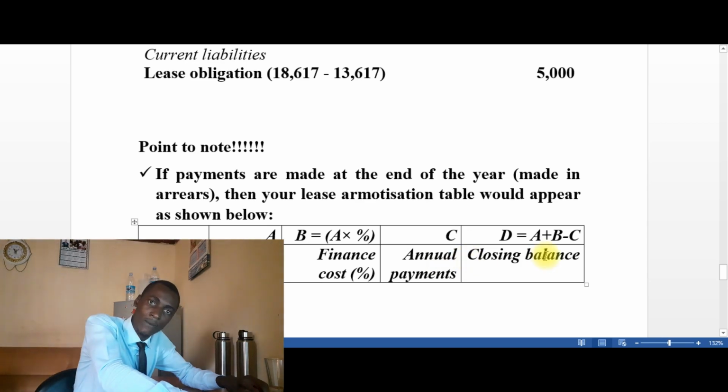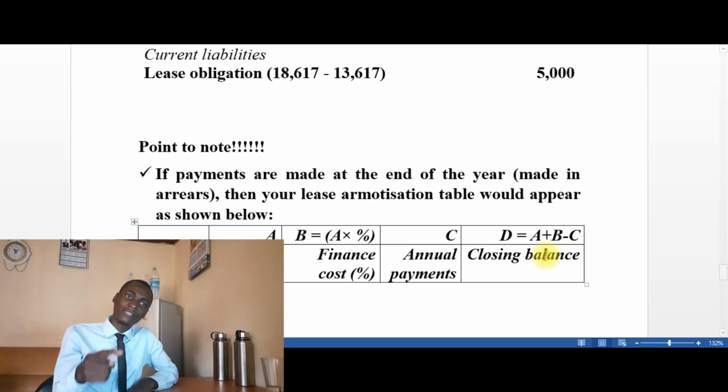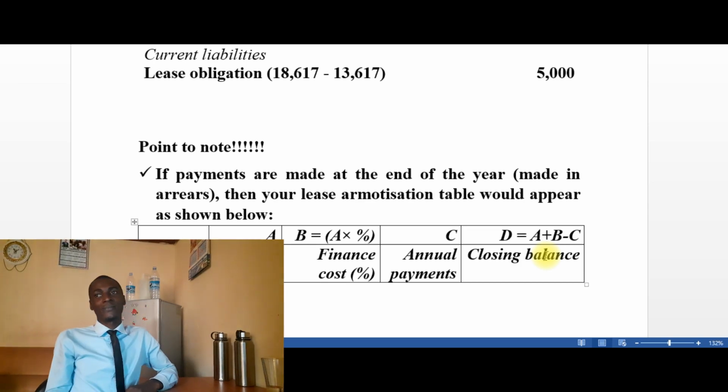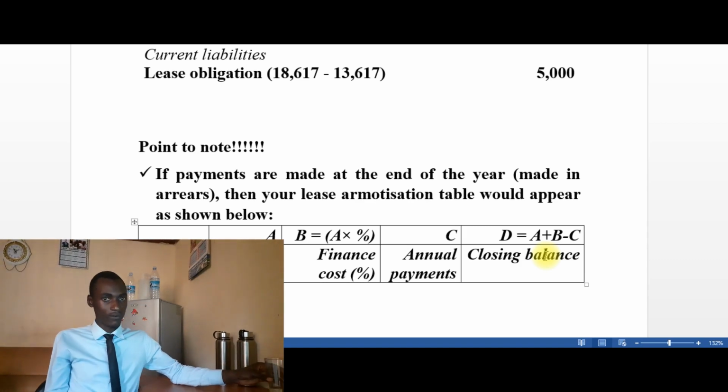Then we less the annual payments, then we come up with our closing balance. Meaning that to get the closing balance, you get the opening balance plus the finance costs, then less the annual payments. That is the format of the table if payments are made in arrears. Never forget that, because they can either be in advance or in arrears, so you have to take note of the format of the tables.